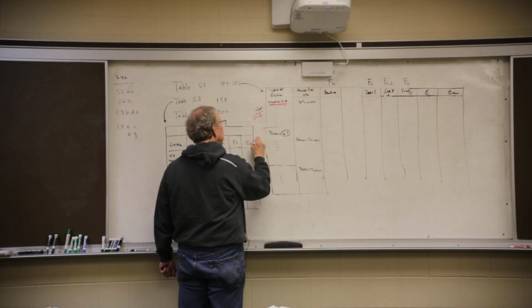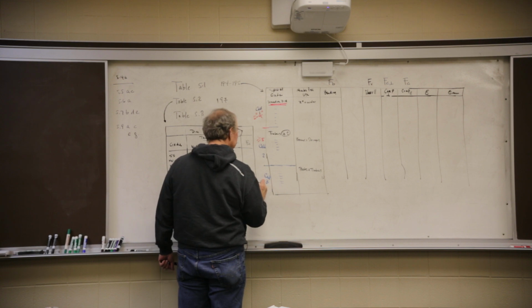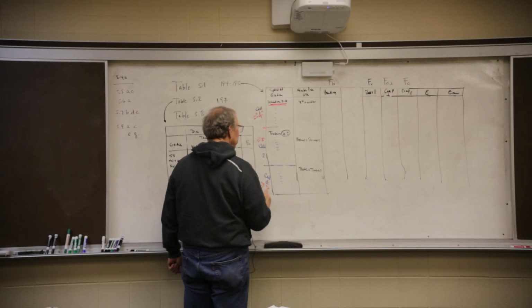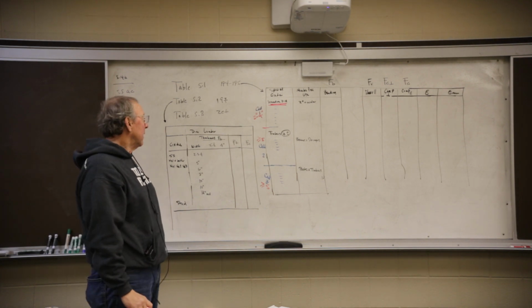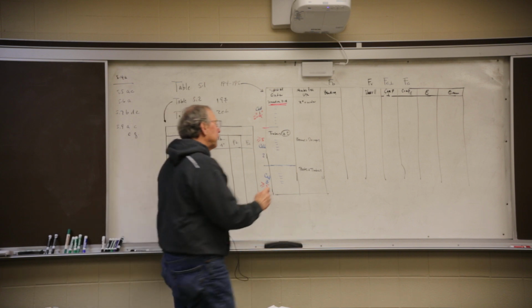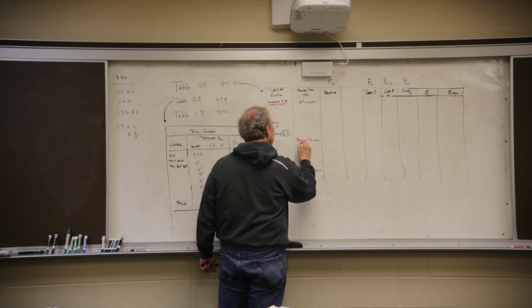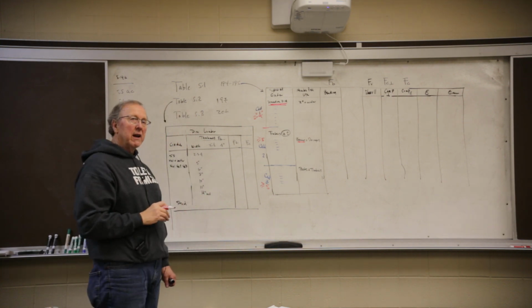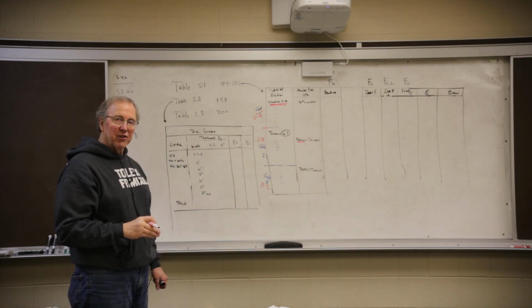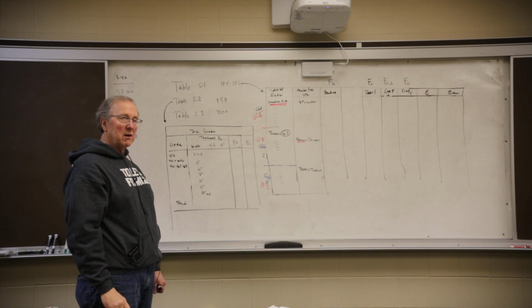So cell 2 and cell 3 are for a minimal dimension greater than or equal to 5. Okay, the difference between cell 2 and cell 3: cell 2 is for beams. So if your member is a beam that is 5 inches or thicker, you go to cell 2.